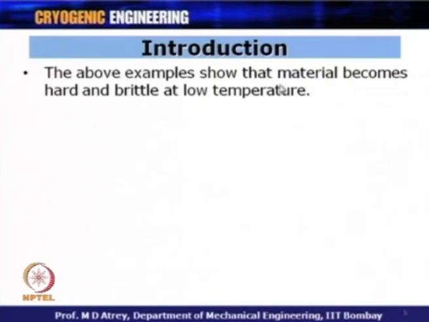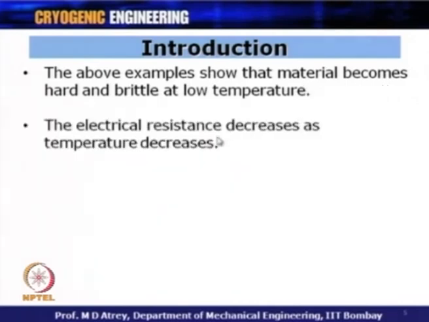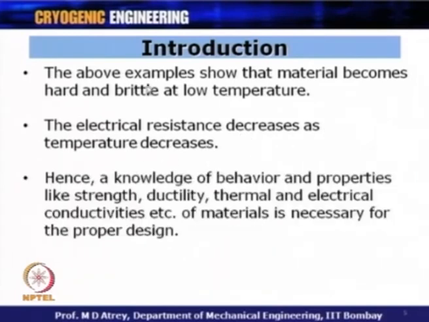And these examples therefore show that the material becomes hard and brittle at low temperature. At the same time, the electrical resistance decreases as temperature decreases for certain materials. These two examples show that material properties do change drastically. In addition to these two properties, we have several other properties like strength, ductility of material, thermal and electrical conductivity, specific heat capacity, thermal expansion.